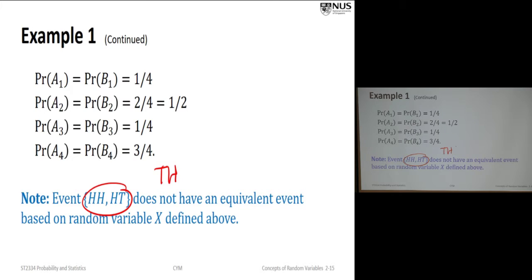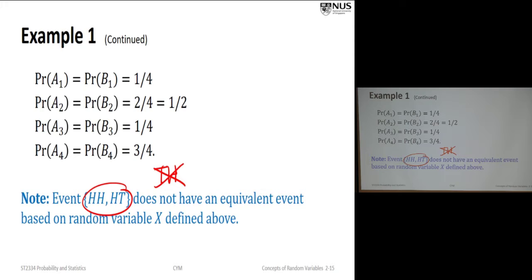So we don't have TH. In other words, you cannot find an equivalent event in the random variable X. The random variable X is defined as the number of heads.